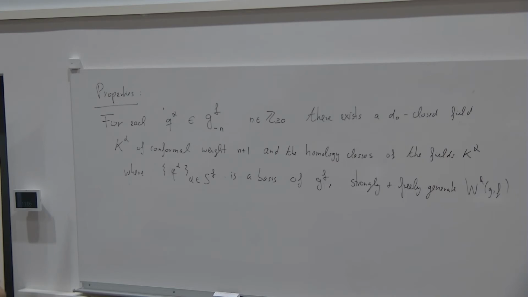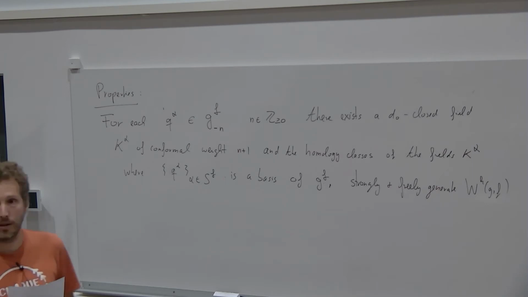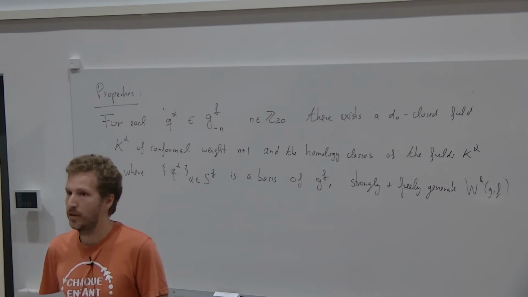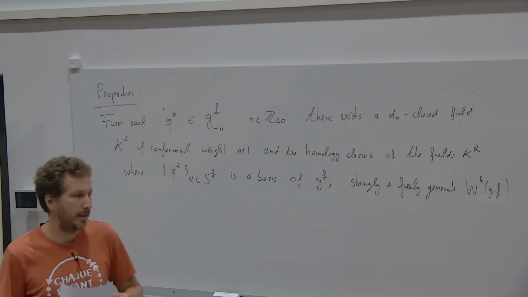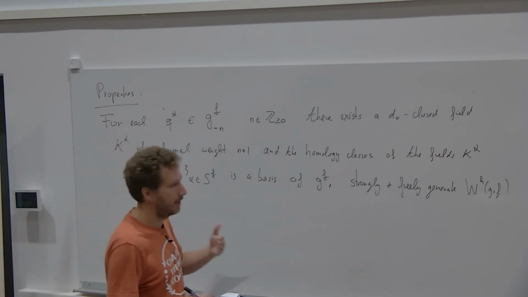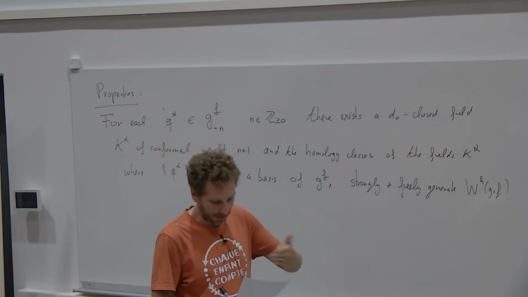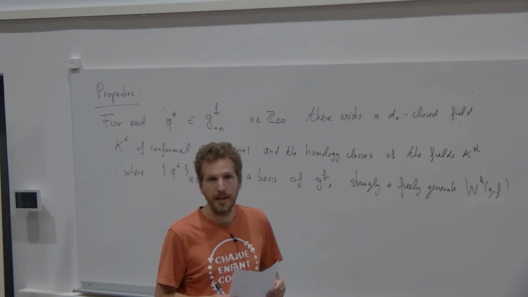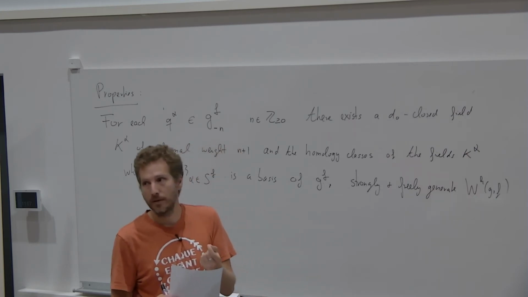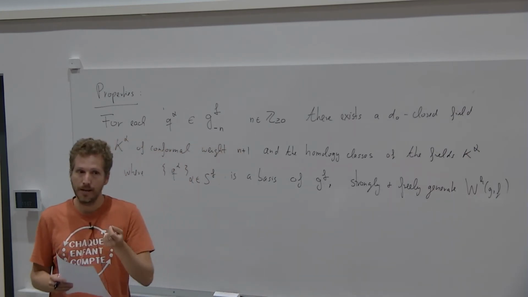We had a basis of ordered monomials, and each ordered monomial was nothing but a word in the negative modes. So this means every basis vector is just such a monomial. But what is the mode x minus 1?